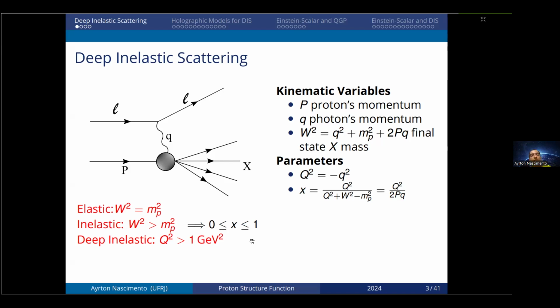So if you have energy bigger than that, you can probe what is inside the proton, right? You can break up the proton and investigate what is inside of it. So this is the basic information about the deep inelastic scattering I'm interested in, and it is the information that is going to be relevant for us in this presentation.